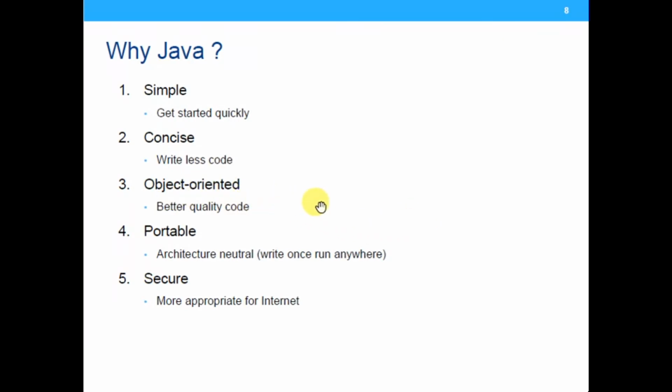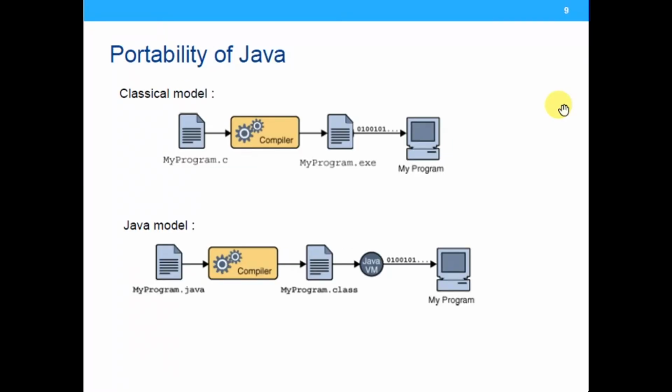Object-oriented is something that you will learn in the next tutorials, as I said. Portable, so that you can run it on multiple platforms, Windows, Mac. Secure, more appropriate for the internet, so that it can be used over the internet in a more appropriate way.